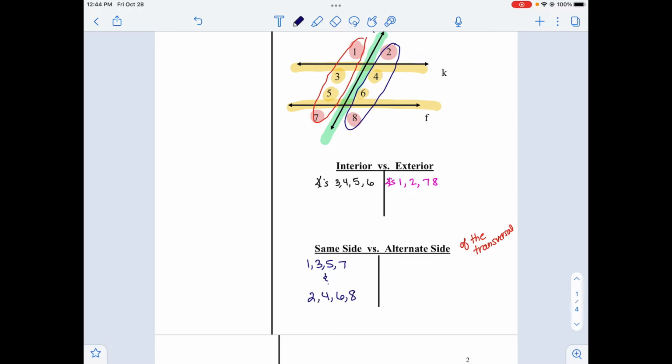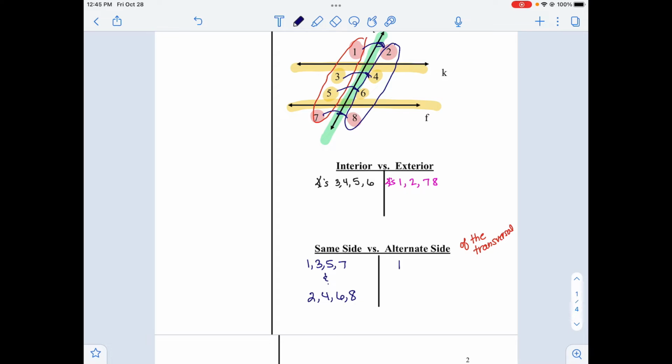Now, alternate sides would be on either side. So 1 corresponds to 2, 3 to 4, 5 to 6, 7 to 8. But they also correspond in the opposite direction too. So we can think about 8 to 7, 6 to 5, and so forth. And we also want to think about what kind of relationships are made. So let's make our alternate sides.